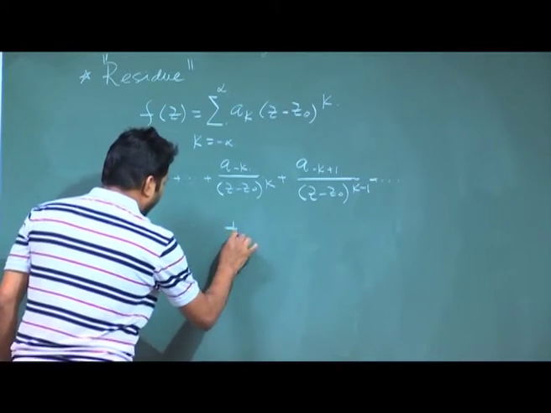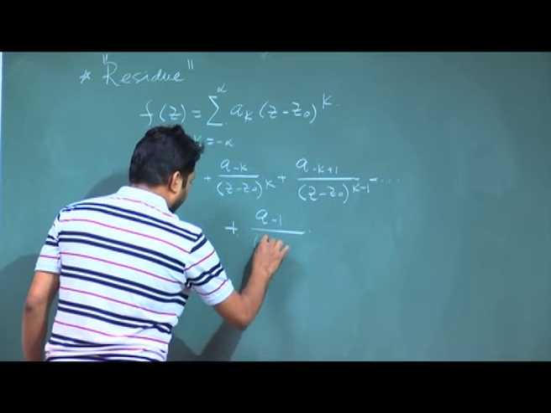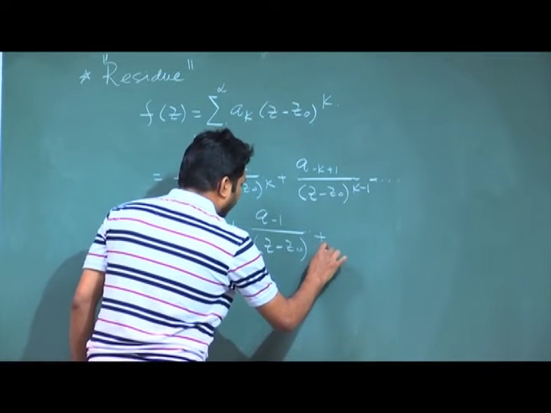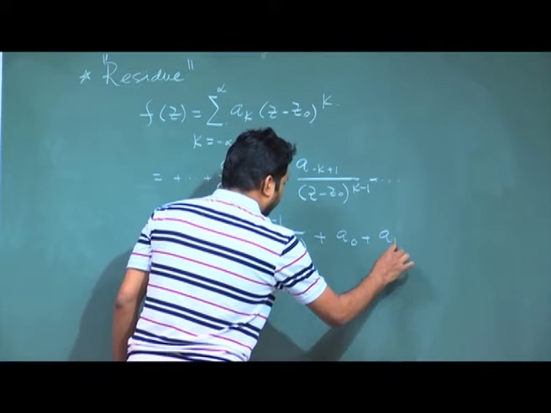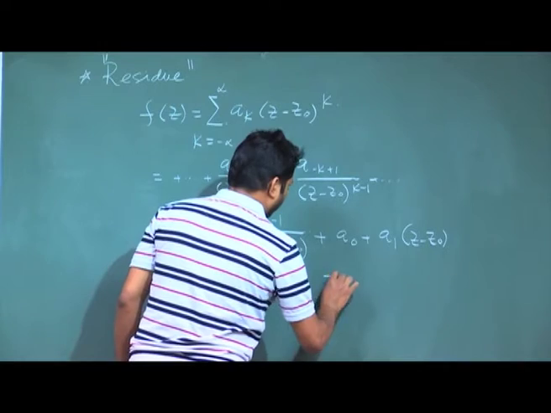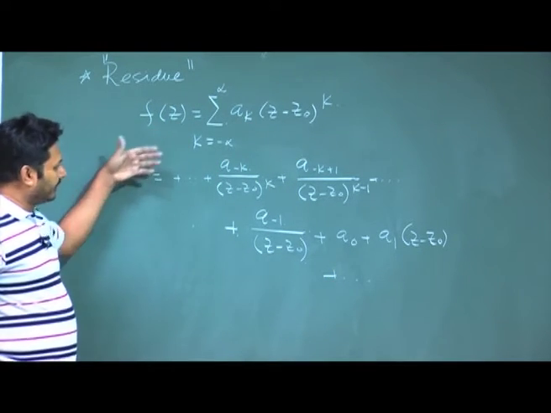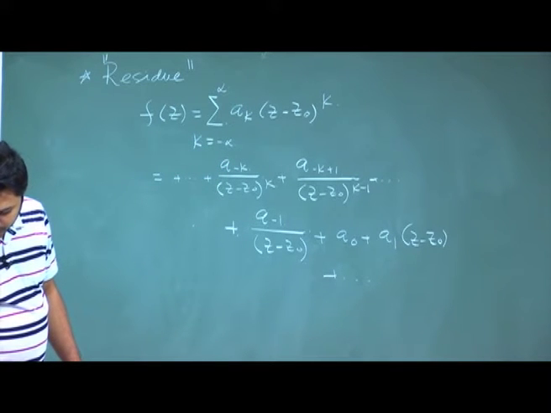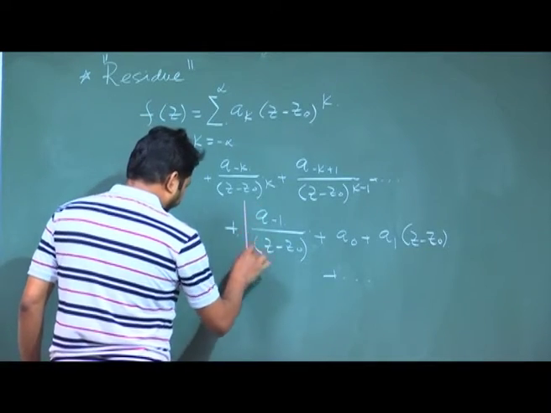Then one term I will have is a_{-1} over (z minus z0), plus a_0, then plus a_1 (z minus z0), and so on. This is the entire expression if I expand these things, but you should be careful only about this term.